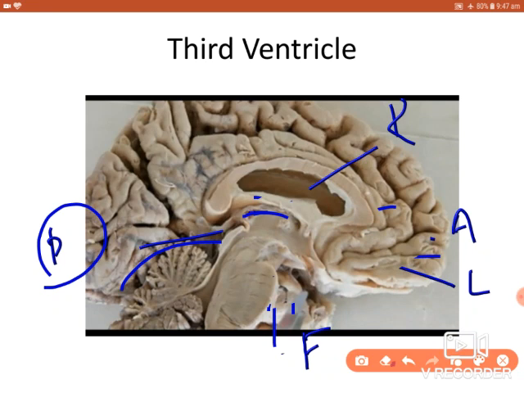So the roof relates to the choroid plexus. Then the lateral wall is the thalamus. The two thalami are connected through the interthalamic adhesion, which is gray matter. Then anteroinferiorly, the hypothalamus forms the lateral wall. So this is about the boundaries of the third ventricle.